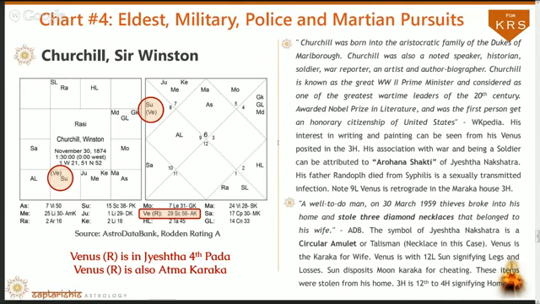He was also given the Nobel Prize, and was the first person, I didn't know, for all your viewers, I got it from Wikipedia, to be given an honorary citizenship of the United States of America. Now, why I have taken this chart is you have to know the Shakti of Jyeshtha Nakshatra is called Arohana Shakti.